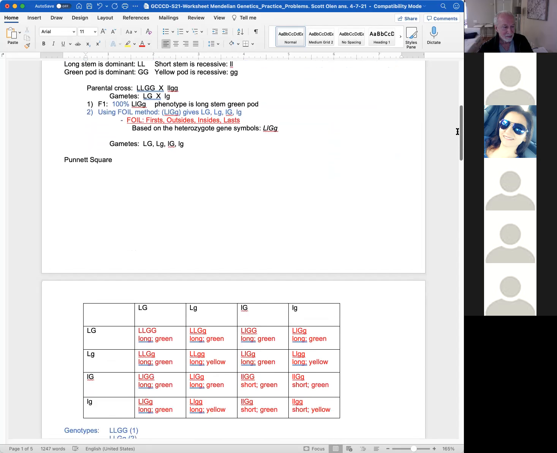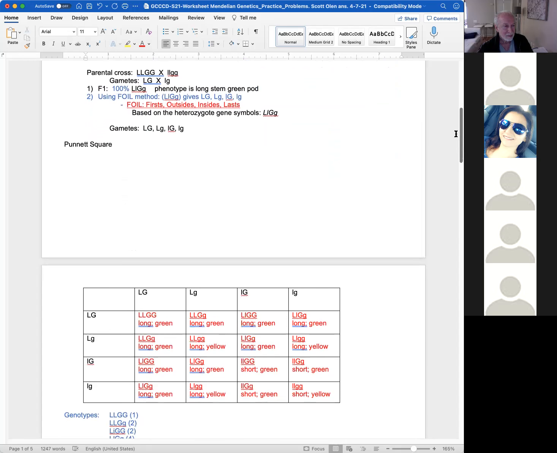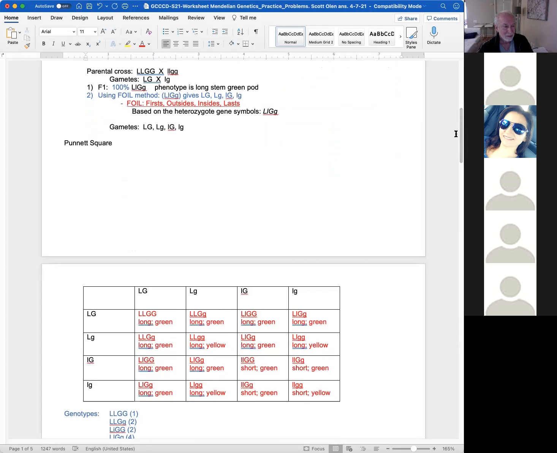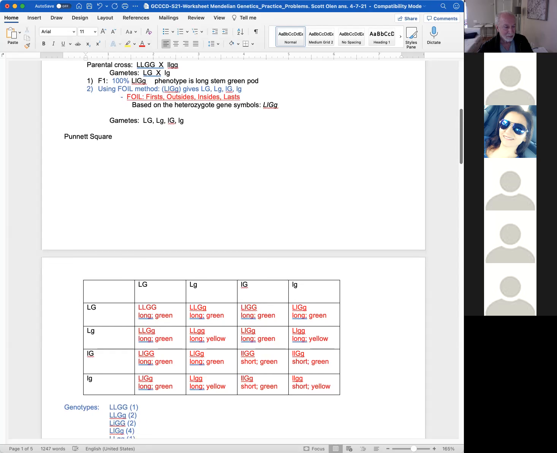So when we make a Punnett square of big L, big G, and little l, little g, we will find that you come out with 100% heterozygotes, big L, little l, big G, little g. That is a truism for all these Mendelian problems.